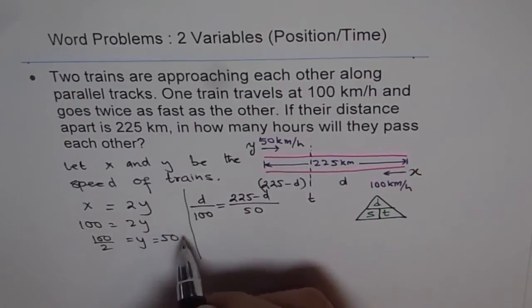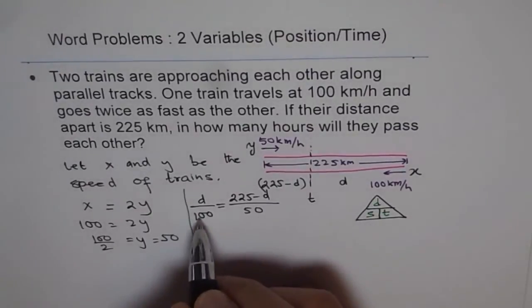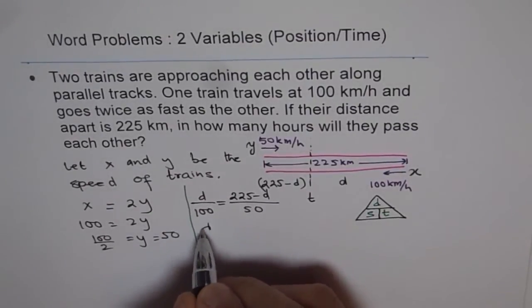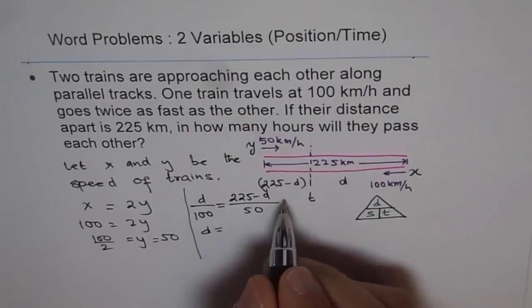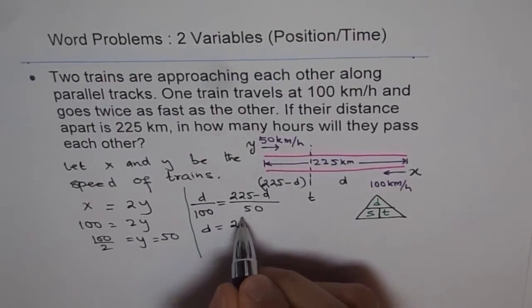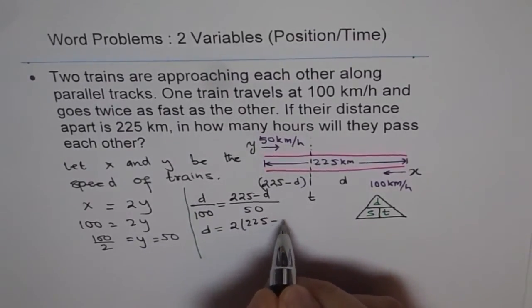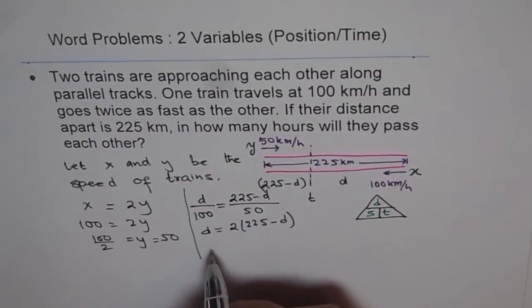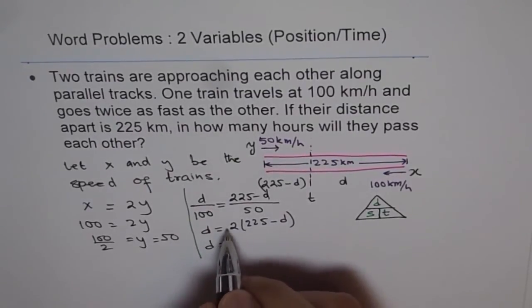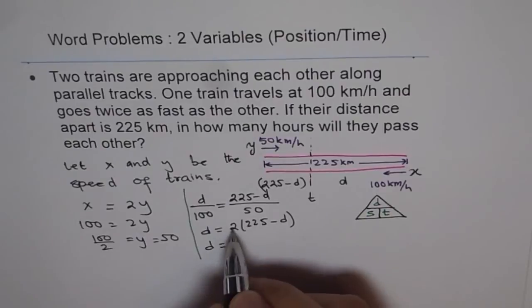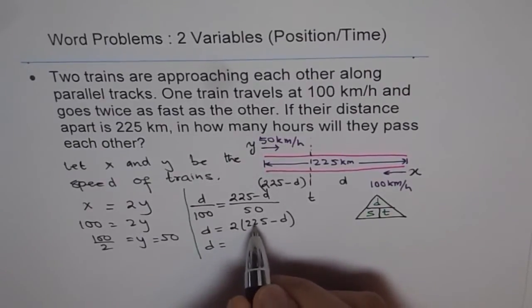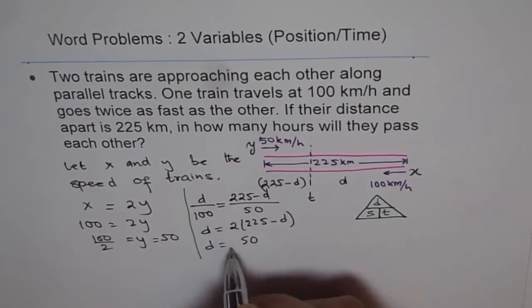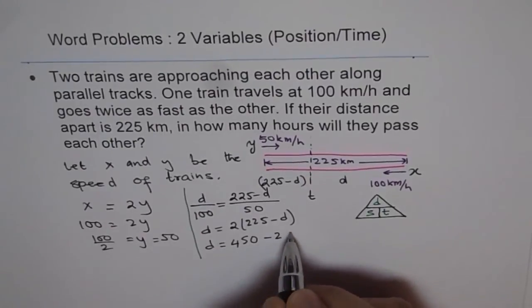So 50 if I take here, so 50 goes 2 times, right? So I can write this as d equals to, let's multiply by 100 this side. So it becomes 2 times 225 minus d, right? So d equals 2 times 225, which is 450, minus 2 times d, right?